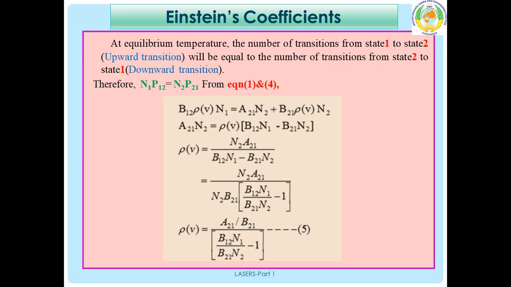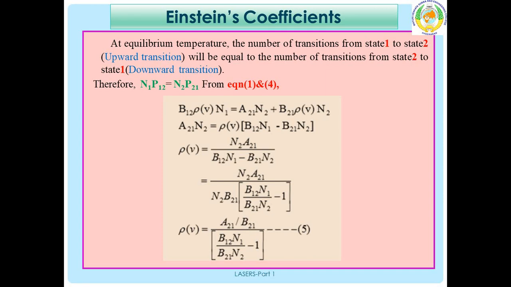So that means what? Upward transition should be equal to downward transition. So that means induced absorption rate should be equal to the total emission rate. So N1 P12 is equal to N2 P21. Here N2 P21 is the sum of spontaneous and stimulated emission.